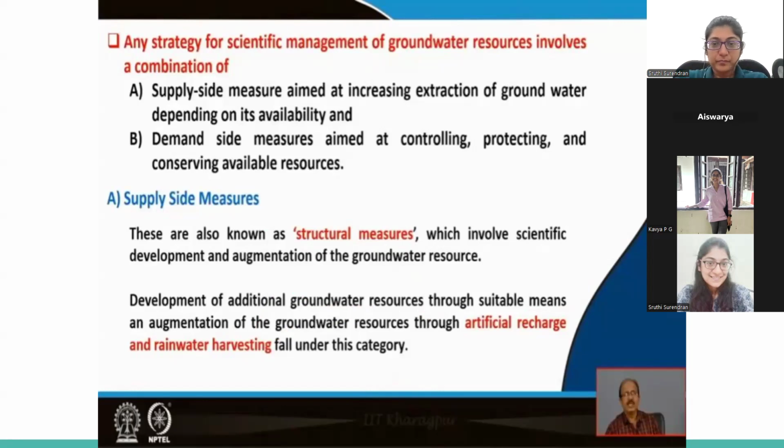So through artificial recharge, rainwater harvesting, and any technique that helps in recharging groundwater comes under the supply side measure. So it is maximizing the availability of groundwater and also aiming at increasing the extraction of groundwater is what the supply side measures are focused on.